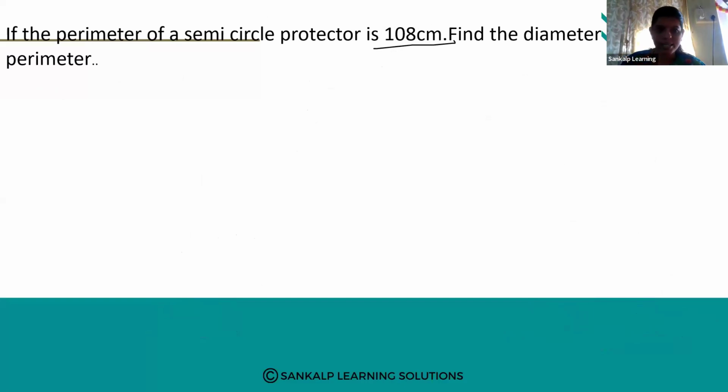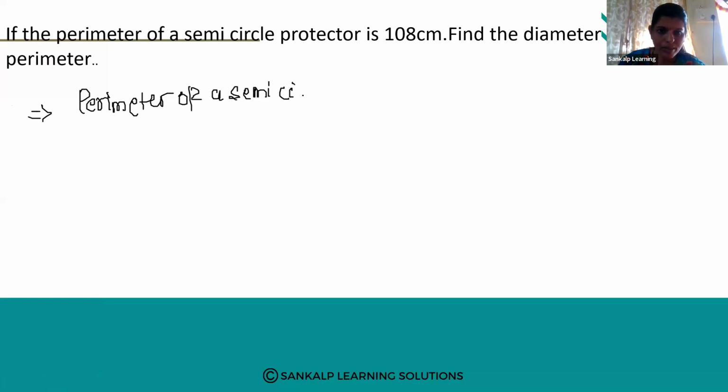So the perimeter of a semicircle protector, we can denote by P, is 108 centimeter.